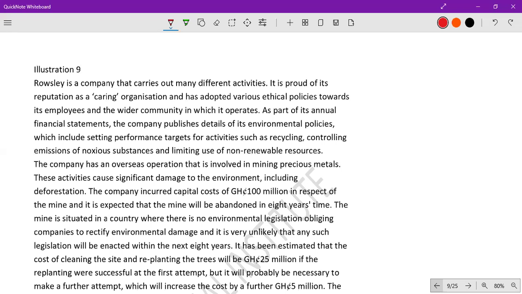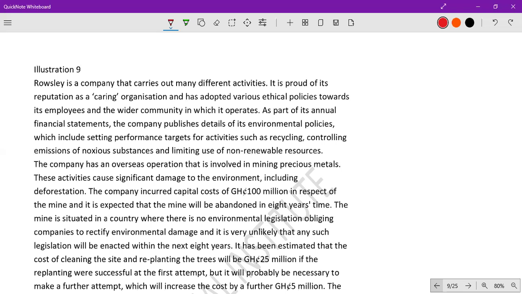S&D is a company that carries out many different activities. It is proud of its reputation as a caring organization and has adopted various ethical policies towards its employees and the wider community in which it operates. As part of its annual financial statement, the company publishes details of its environmental policies, which include setting performance targets for activities such as recycling, controlling emissions of noxious substances, and limiting use of non-renewable resources.